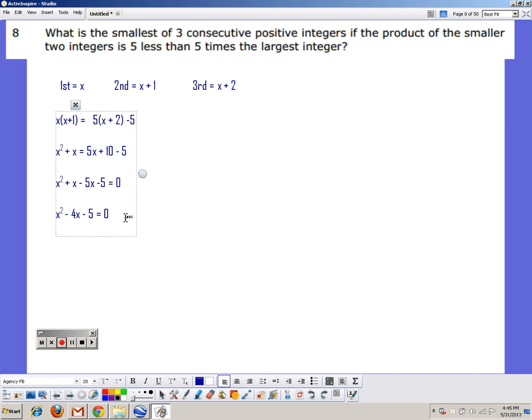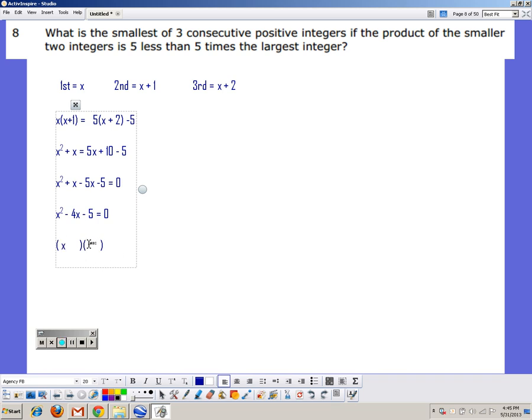Now again, I could either do the quadratic formula, or I could see if there is a way to break this down into two numbers that multiply to give me negative 5 but add up to be a negative 4. And just from the top of my head, I know that there is a pair of numbers that can do that.